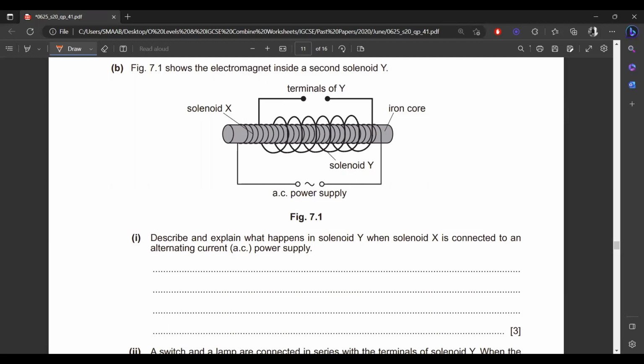So basically, this is solenoid X, and then we are using another coil that is made up of these dark lines. So basically, this wire is representing solenoid Y.